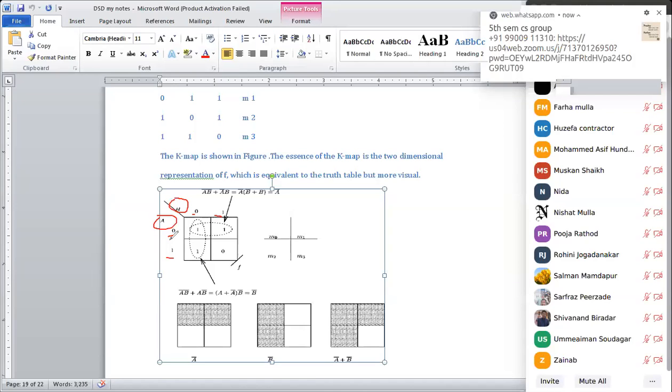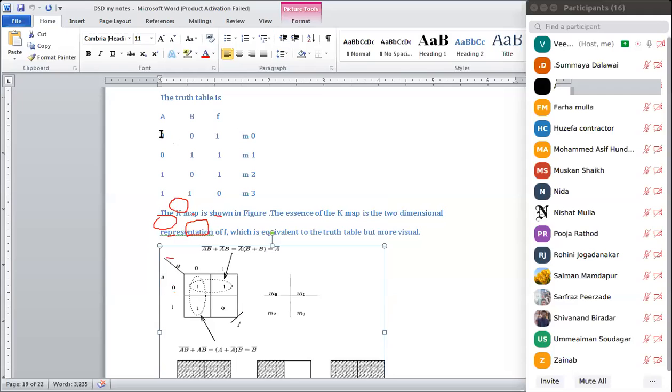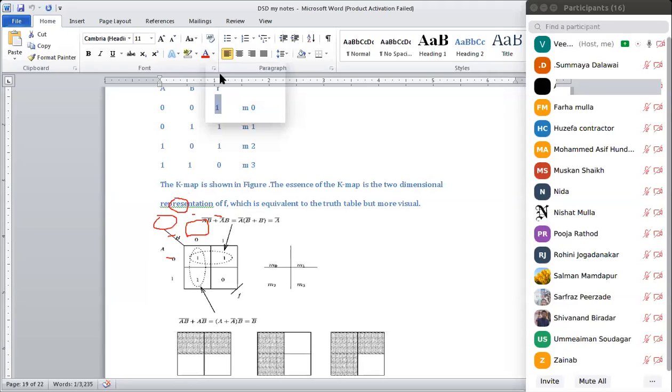So let us see. The intersection of the first row and the first column is 0, 0. What is the output for 0, 0? It is 1, so I am going to write 1.